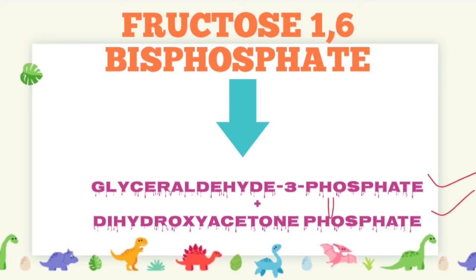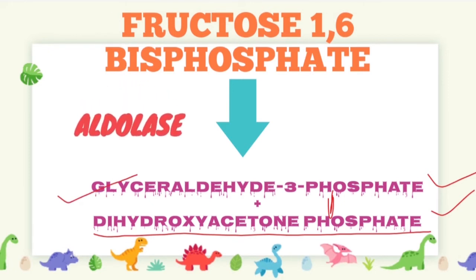Dihydroxyacetone phosphate is the isomer of glyceraldehyde 3-phosphate, but most commonly glyceraldehyde 3-phosphate will be the end result. So you just have to remember that mainly. This is done with the help of aldolase. So here aldehyde is what we get as the product. Okay, remember it like that.